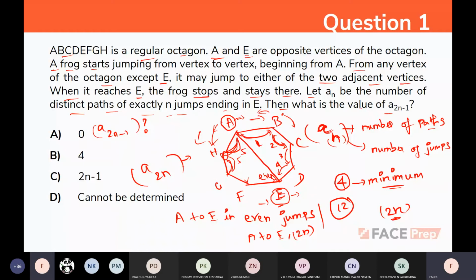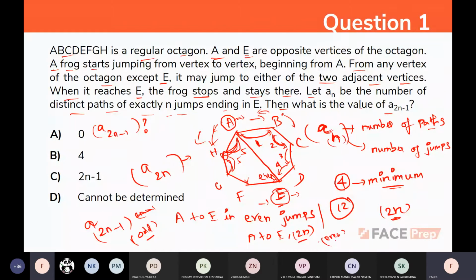So what they have asked here, 2n minus 1, is an odd number of jumps. 2n is an even number, and if you minus 1 from that, it will be an odd number. You already know that. So with an odd number of jumps, can the frog reach from A? That is not possible at all, because what we infer here is that it reaches E only in even jumps.